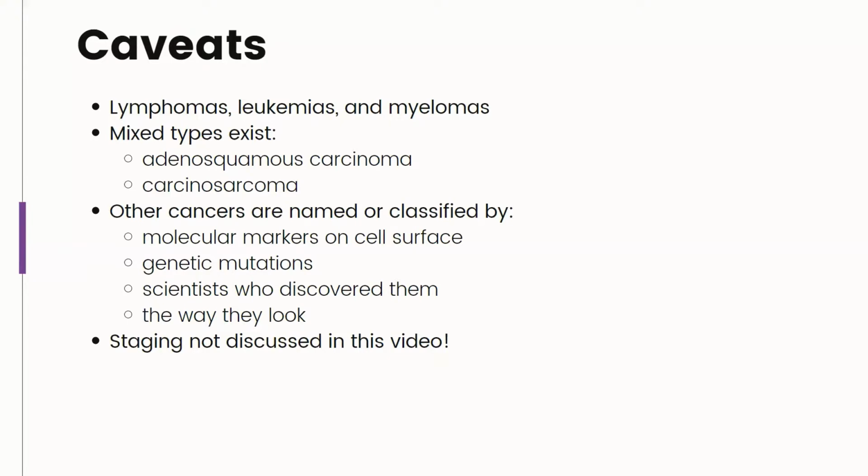While histological classification systems tell you some useful information, often when people write or talk about cancer, they use more detailed classification systems to describe it. So, for example, breast cancers are typically classified by if they have hormone receptors or HER2 receptors on their cell surface.